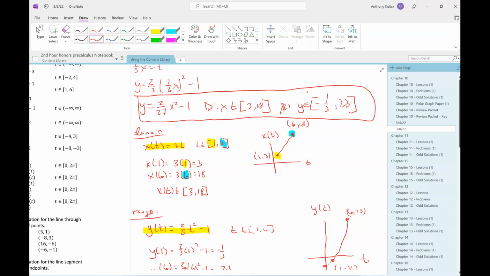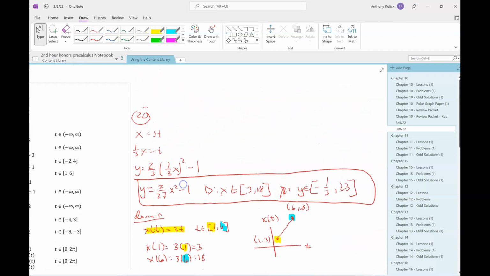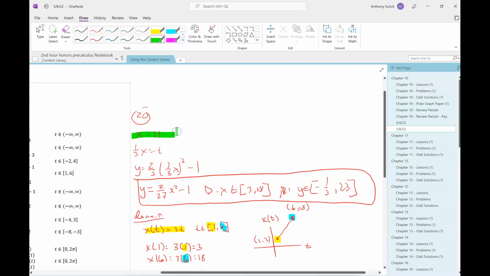So when you actually found the domain for that, I forget why you use the actual range for the parametric function. Sure. This is the way to think about it. The x-coordinates for my Cartesian function are coming from the x of t parametric equation.